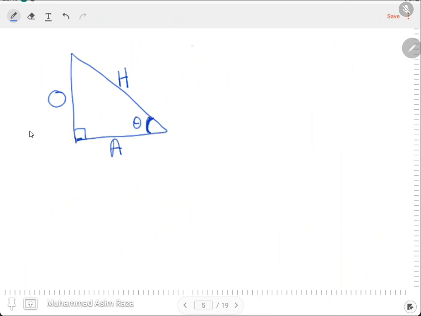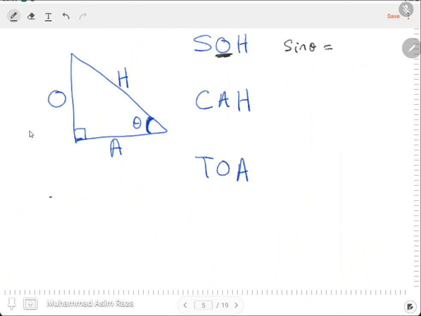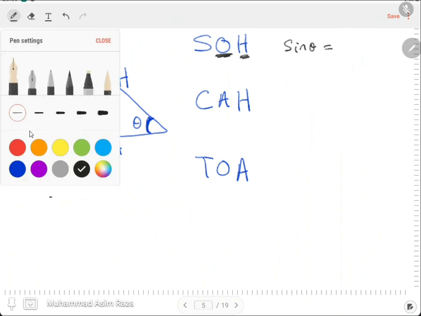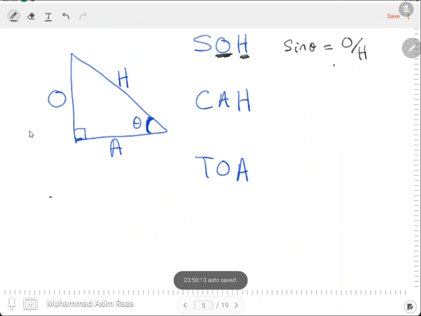So now, if I write down SOHCAHTOA. As I told you earlier, S means sine theta, and sine theta is equal to opposite over hypotenuse, O over H. Then C is for cos theta, and it is adjacent over hypotenuse.